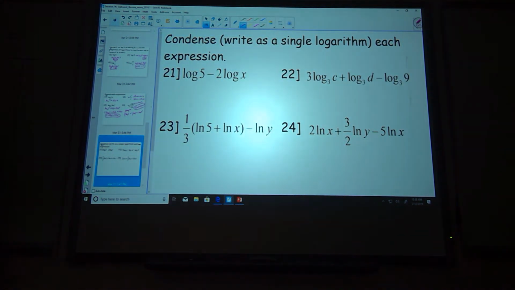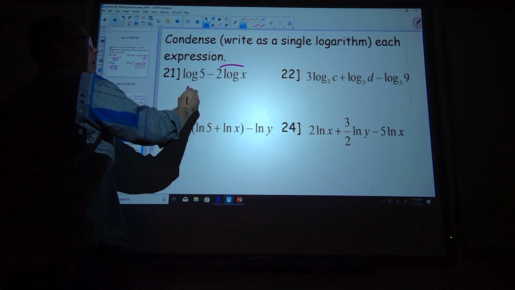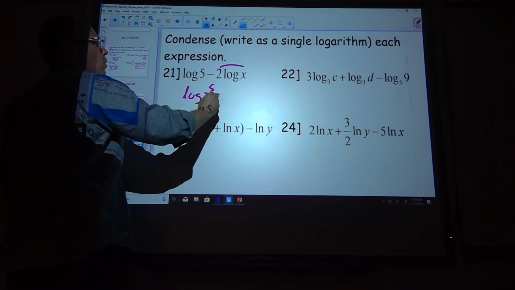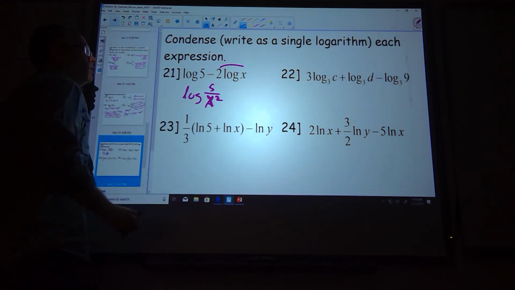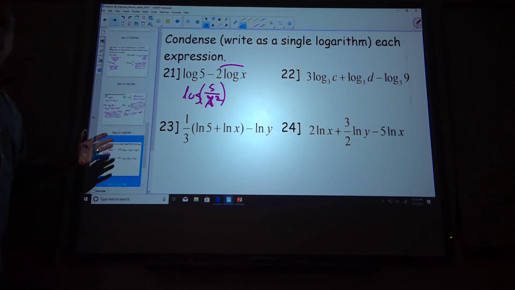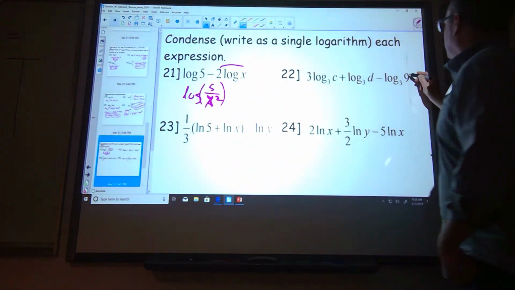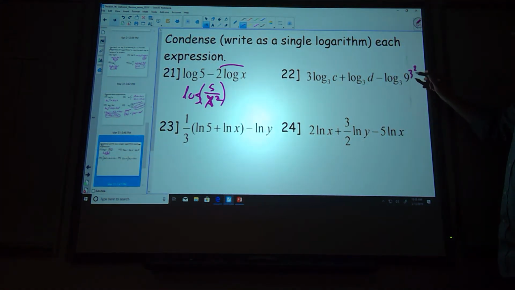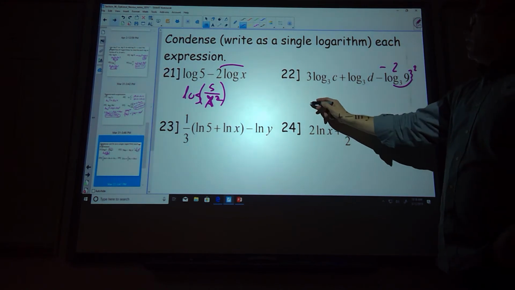All right, condense. So because it's subtraction, this exponent can come up top. This is going to give me log 5x over 2. I could put it in parentheses if I wanted to, so I know I'm doing the log of the whole thing. It's not totally necessary. Recognize that this is 3 squared, so this is going to become minus 2, right? Because I get log base 3 of 3. So I'm going to condense this.